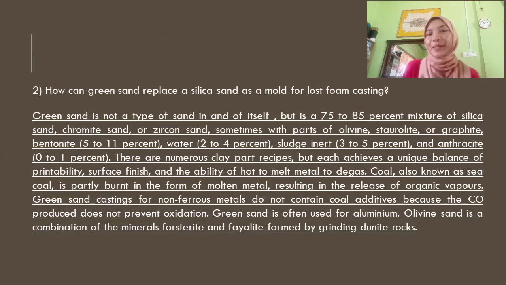Okay, so I will discuss question 2. How can green sand replace silica sand as a mold for lost foam casting? We know that green sand is not a type of sand in and of itself, but is 75 to 85% silica sand, chromite sand or zircon sand, sometimes with part olivine, staurolite or graphite.